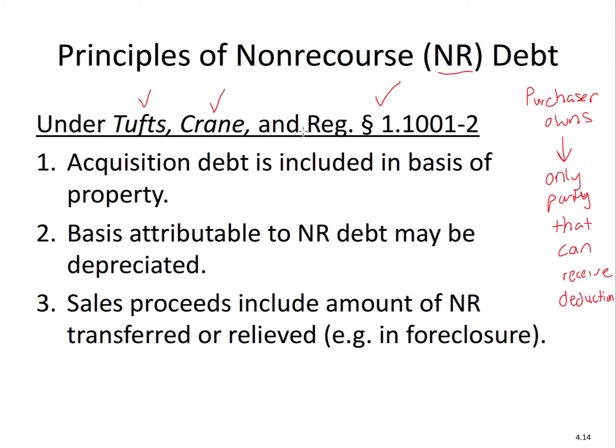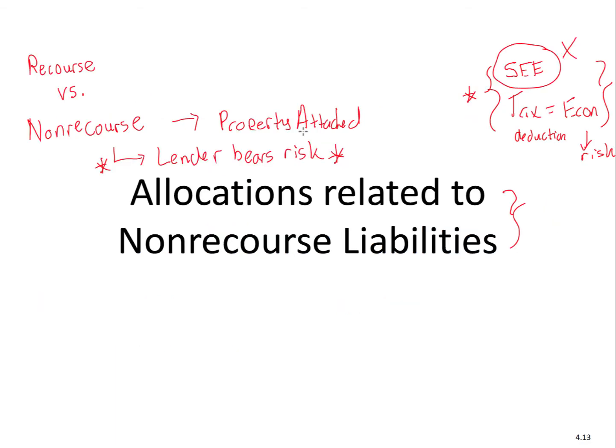Well, if we can't allocate, going back to the previous slide, using the general principle of allocations, which I'll say again, is that the tax deductions must be allocated to the person who bears the economic burden. Well, that person here is the lender for a non-recourse loan.